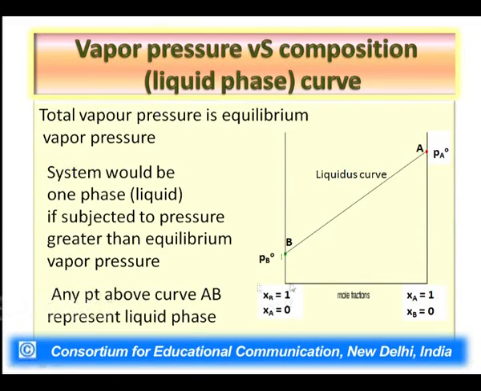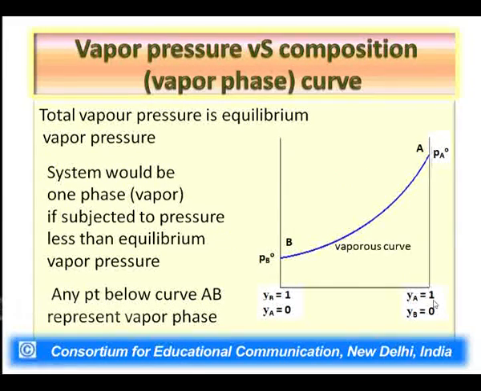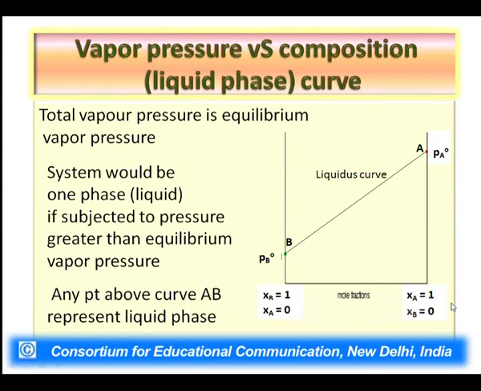When xA equal to 0 at left, then xB equal to 1, and when xA equal to 1 at right, then xB equal to 0. So these are complementary in nature. It means the composition in liquid phase varies between 0 and 1, that is xA varies between 0 and 1 from left to right, and xB also varies between 0 and 1 but from right to left.